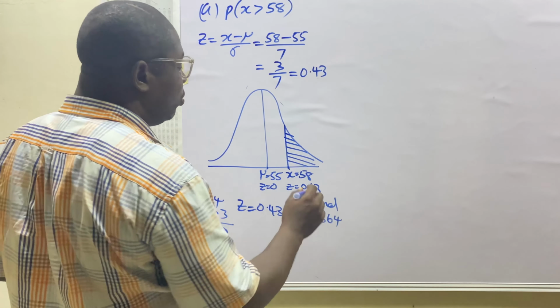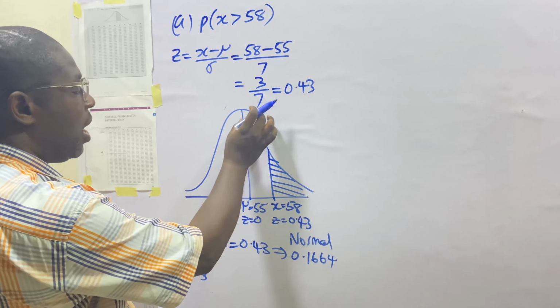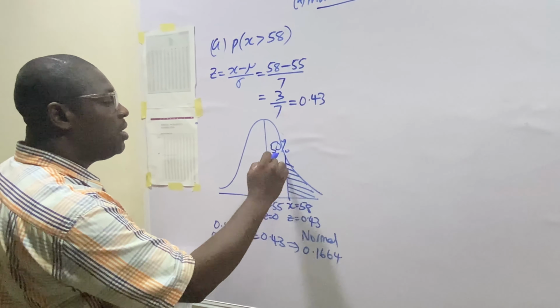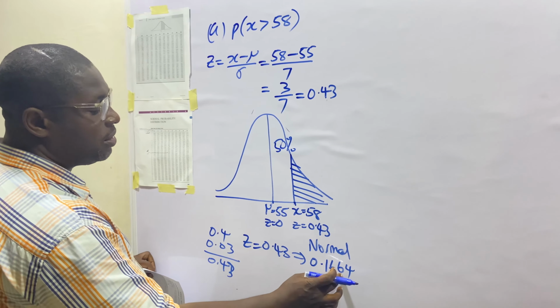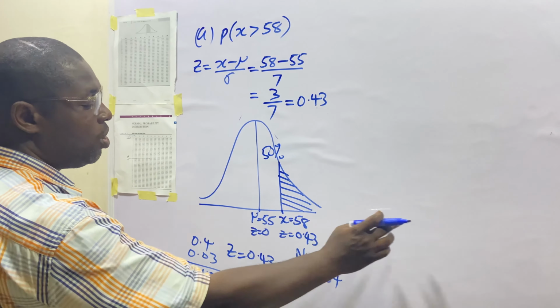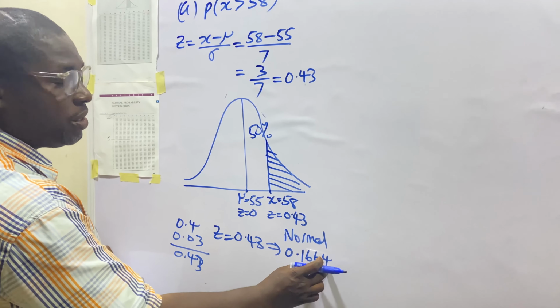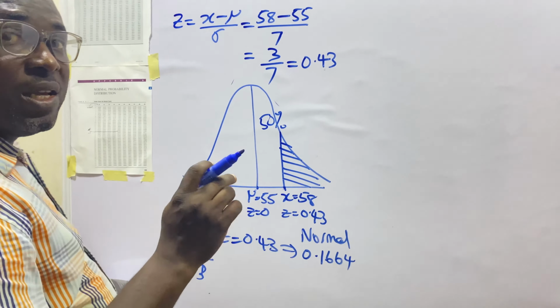What we are going to do, since this half part of our normal table is 50%, and part of it is already 0.1664, is to get the value from this point upward by deducting 0.1664 from 0.5. 0.5 is 50%.